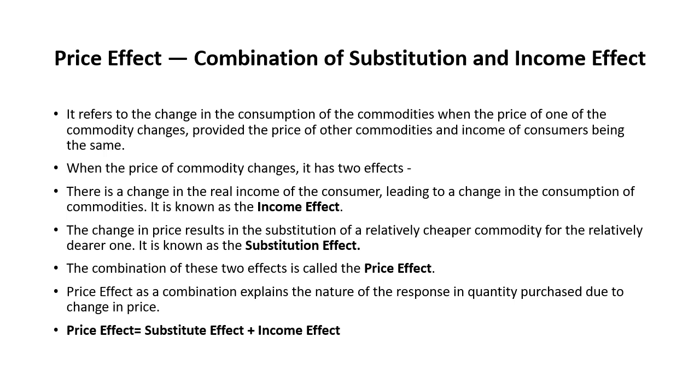The next is change in price results in substitution of a relatively cheaper commodity for the relatively dearer one. It is known as substitution effect. Now as the word substitution itself signifies, there is something related to the change in price of one commodity with the change in the demand for the other commodity.